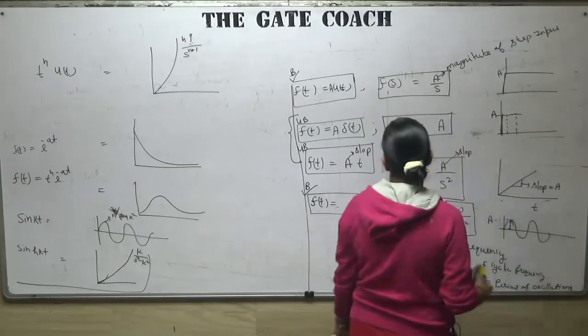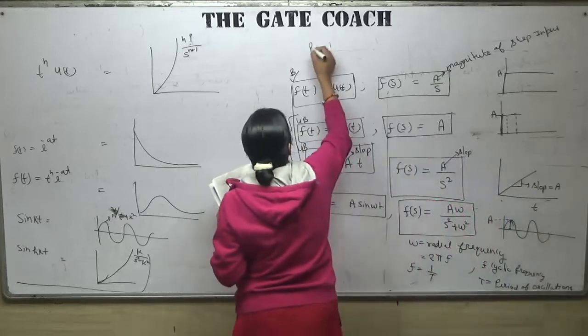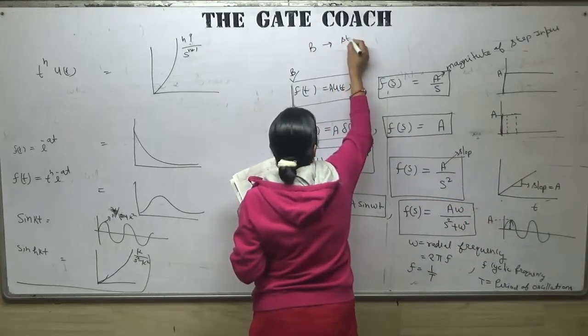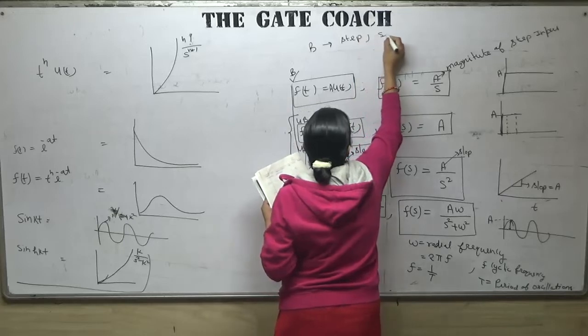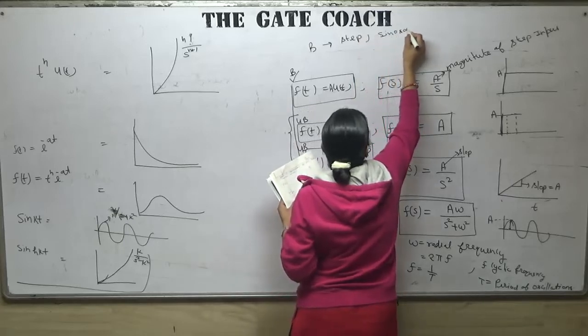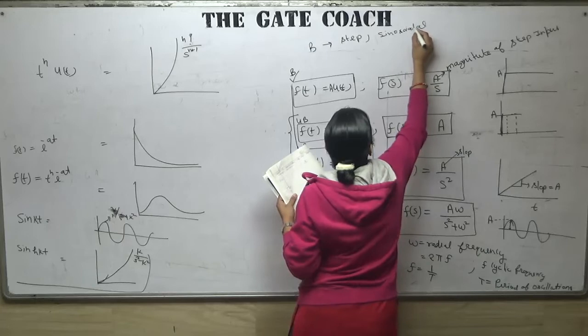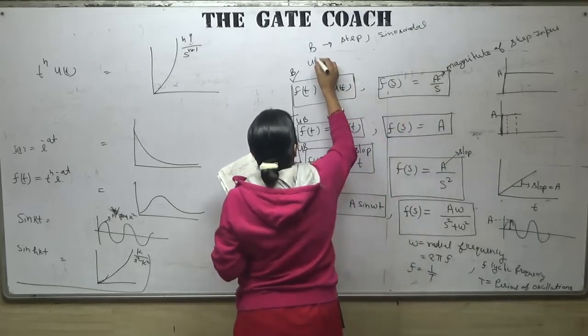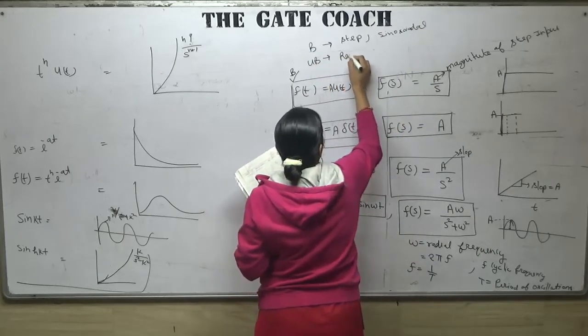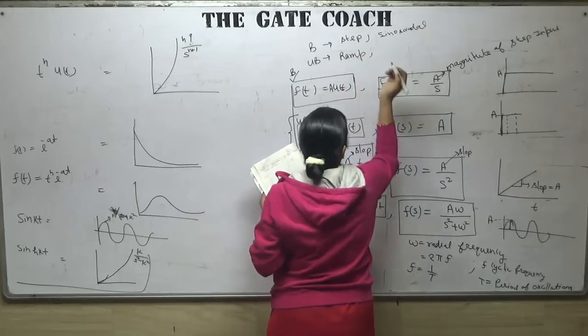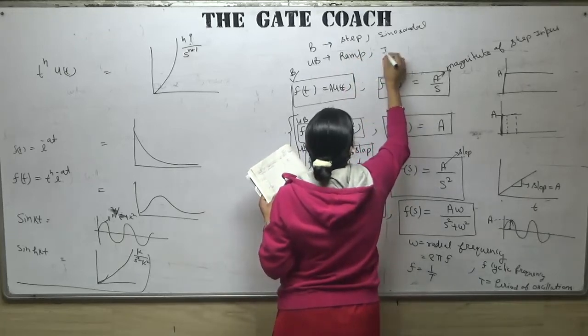The bounded forcing functions are the step, ramp function and impulse.